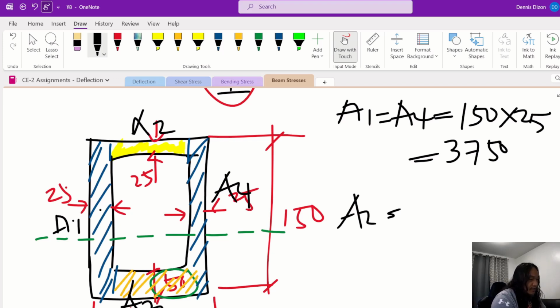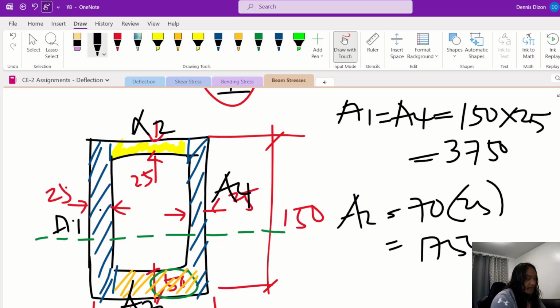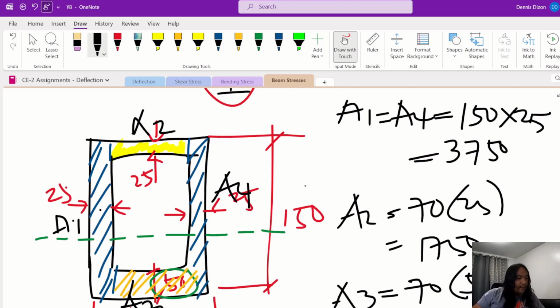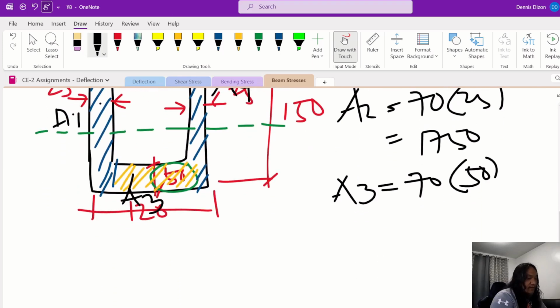So area 2 is 70 times 25, which is equal to 1750. And then area 3 is the one at the bottom, which is 70 times 50, which is 3,500.